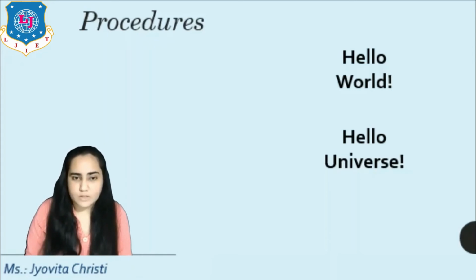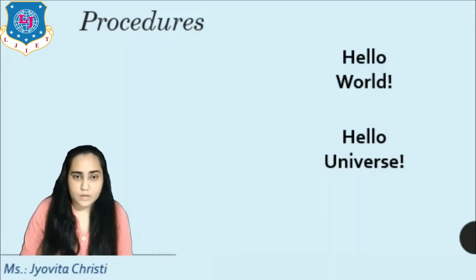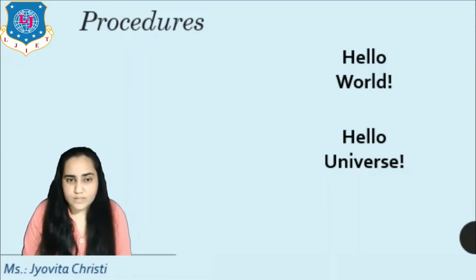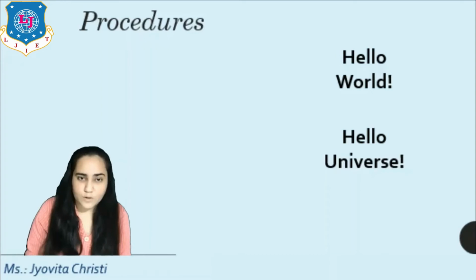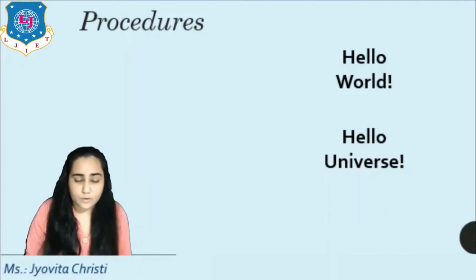And you can imagine how much time that will take if you have written a really large application and written hello world in many places. So in order to avoid all these problems, we are going to learn to make procedures. So let's go ahead and quickly open SQL Plus and start implementing it.